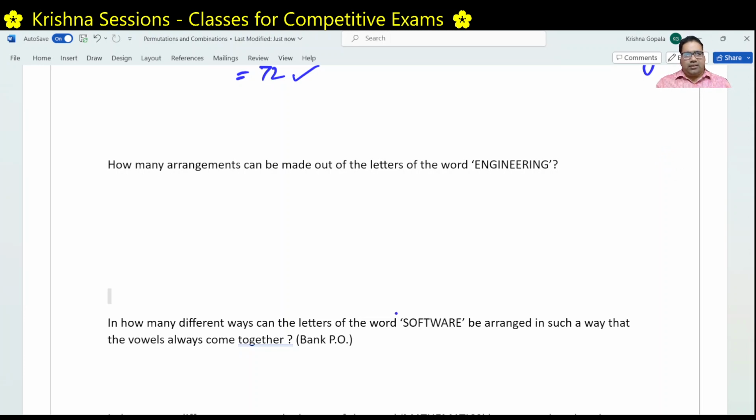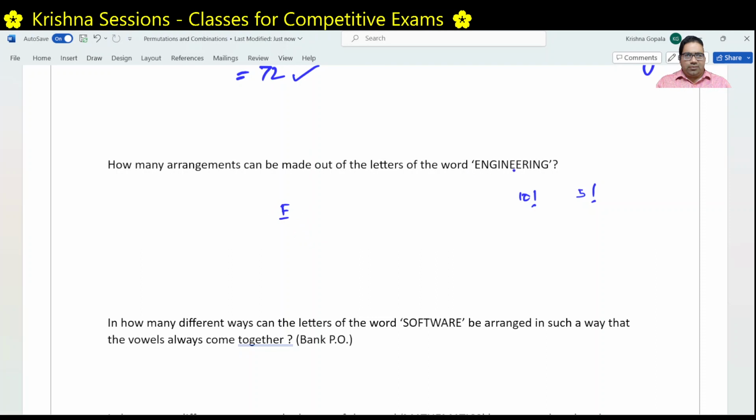Right. So here you should understand one thing: some letters are actually repeating. When letters are different, if there are 10 letters, all 10 different, we said 10 factorial, right? When there are 5 letters, all 5 different, we said it is 5 factorial. But what if some letters are repeating? For example, in ENGINEERING, E is how many times?